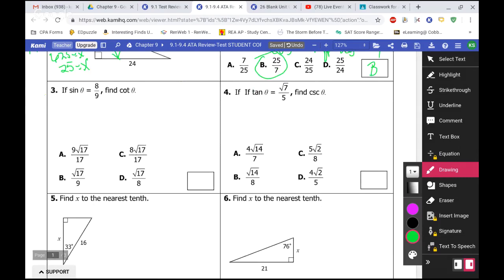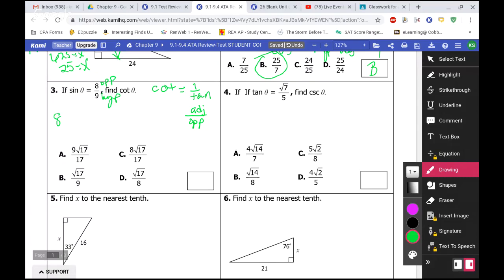If sine theta is 8 over 9, what is cotangent? Cotangent is the inverse of tangent, and as we said earlier, tangent is opposite over adjacent. So cotangent is going to be adjacent over opposite. And sine is opposite over hypotenuse, so this is opposite, and this is hypotenuse.